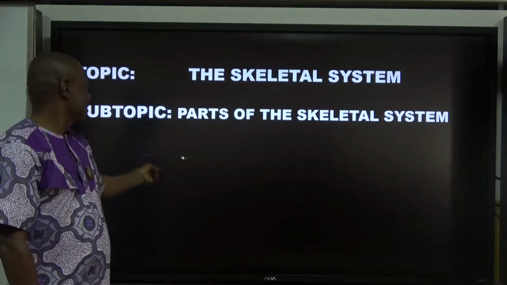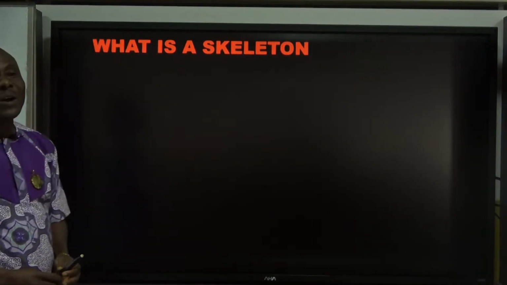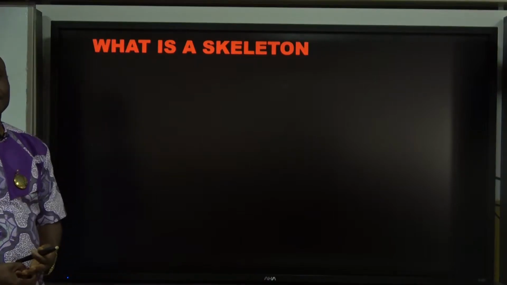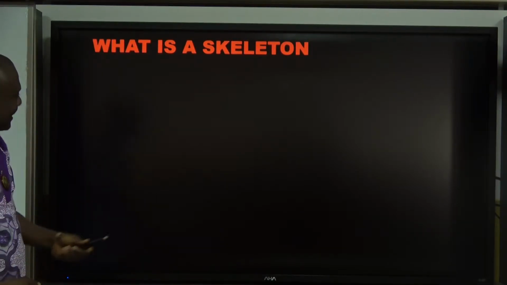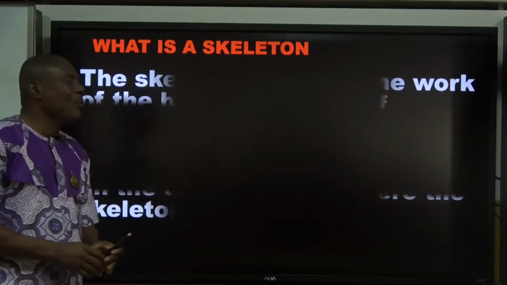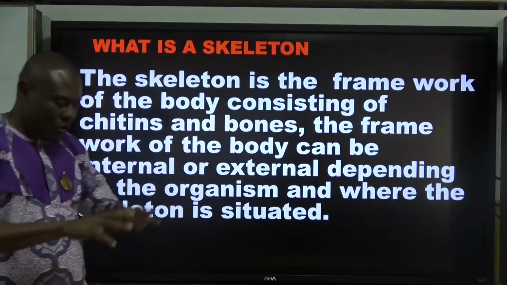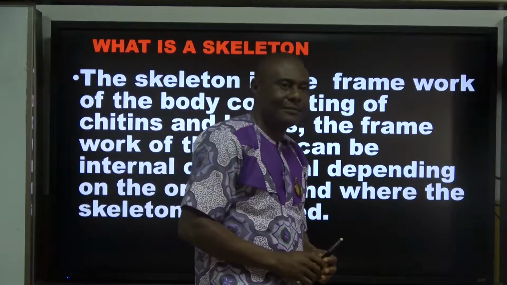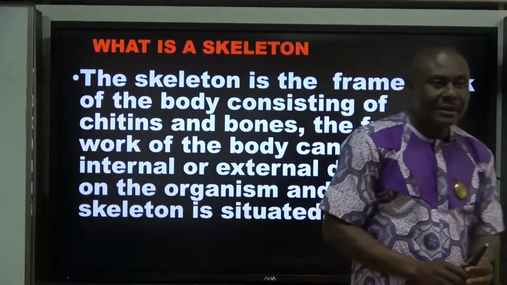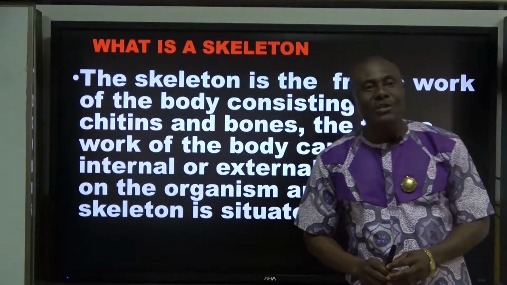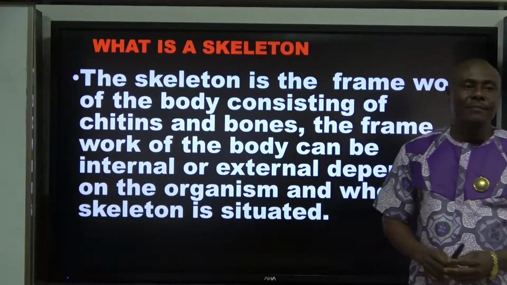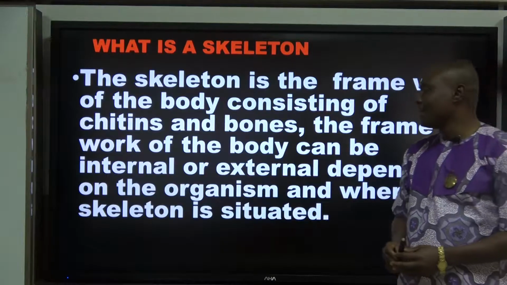The first question we should ask is, what is the skeleton? The skeleton is that system of the body that controls the framework of a given body in an organism. That is the framework of the body.